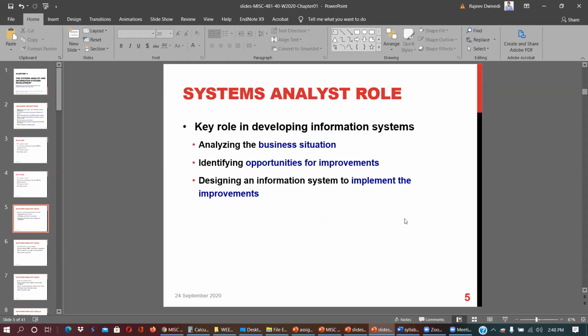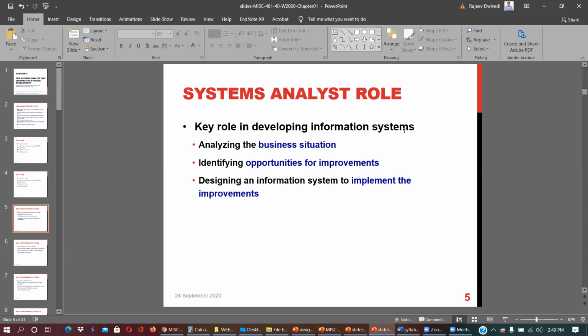Now, the very first thing: what is the role of the system analyst in the analysis, design, or development of an information system? I will be using these terms quite interchangeably. Sometimes software system, information system, management information system, they are all the same.